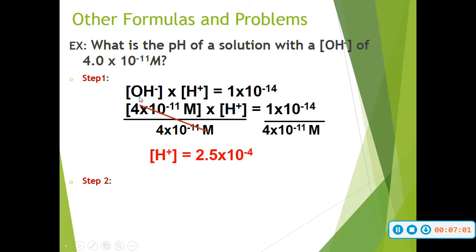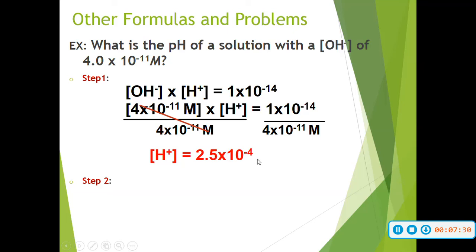So if we plug our given into our formula, we end up with 4 times 10 to the negative 11 times your hydrogen ion concentration equals 1 times 10 to the negative 14. And of course, to get our hydrogen ion by itself, we would simply divide both sides by 4 times 10 to the negative 11. And when we divide that, we would get a hydrogen ion concentration of 2.5 times 10 to the negative 4.